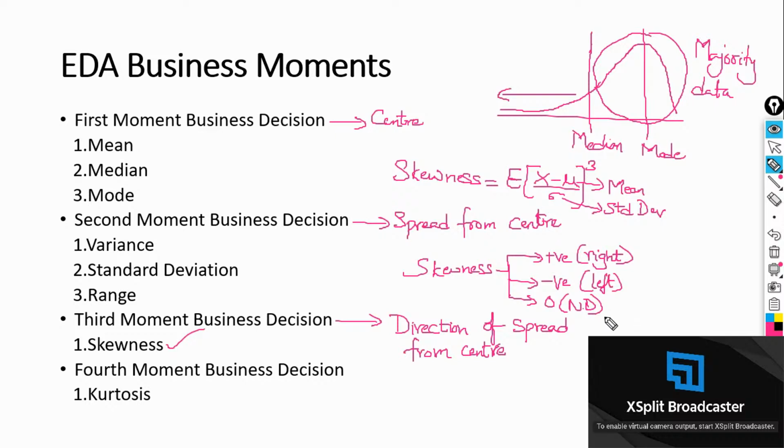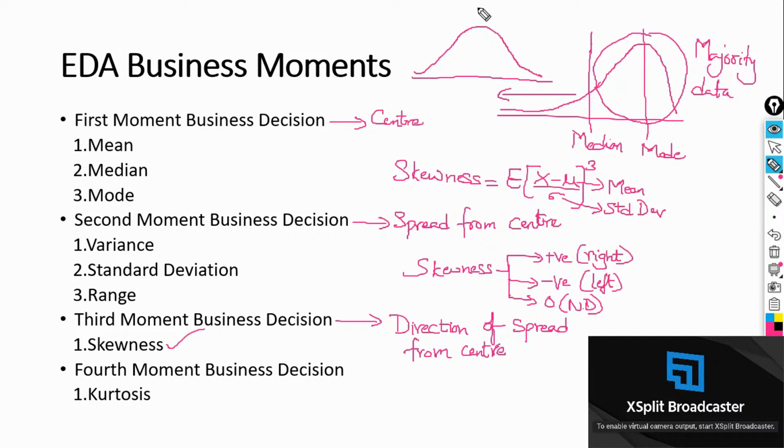Okay, what is this normally distributed data? Normally distributed data is the data which represents, when you go to a temple, you may have observed a bell, right? So you take a bell and consider only the outer line.